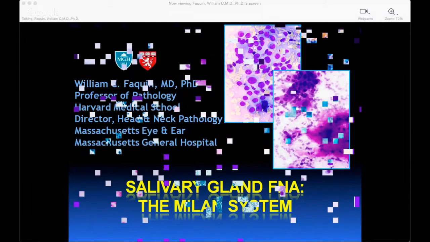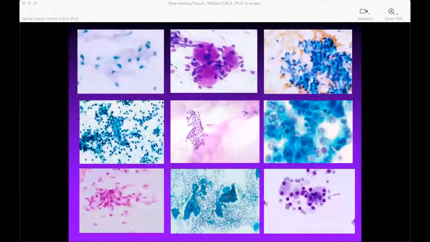To start with, this shows a composite of 9 different images of tumors, just a few of the tumors that we can see in the salivary gland. The problem with salivary gland, both on surgical pathology and cytopathology, is that there's such a wide array of different tumors that we can encounter, including primary tumors, non-neoplastic lesions, as well as metastatic disease.